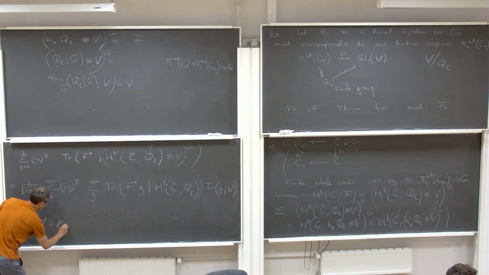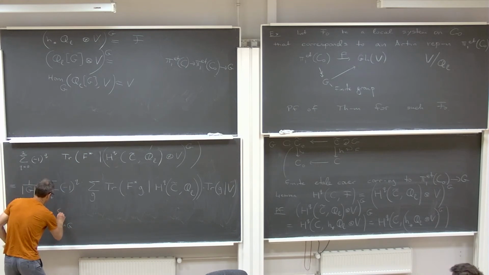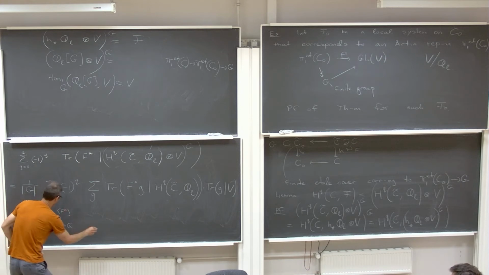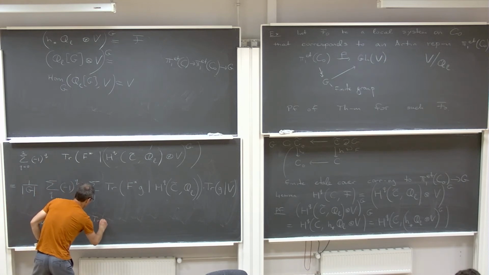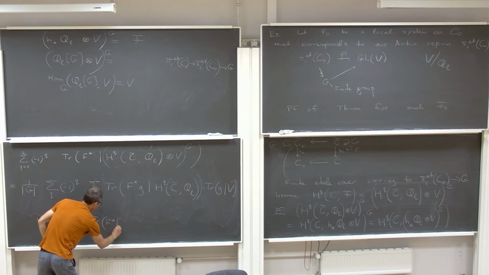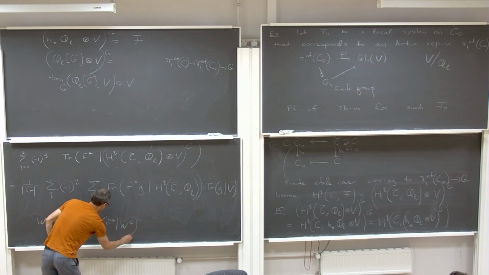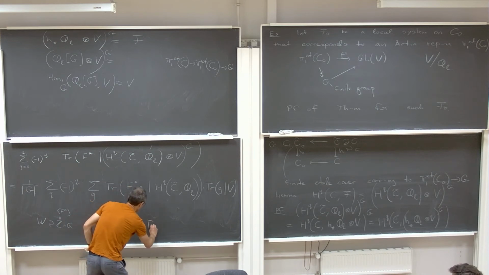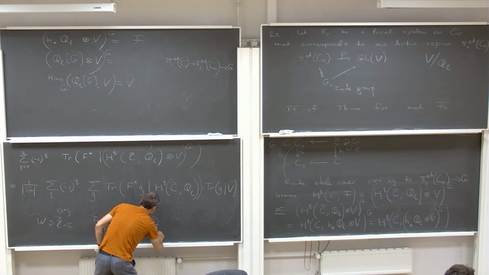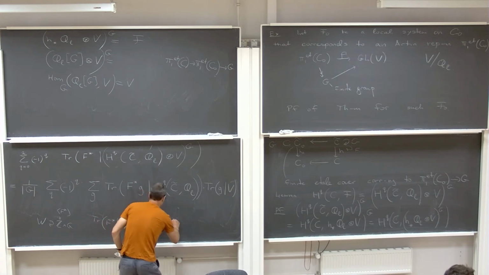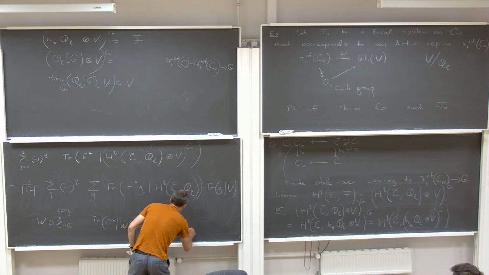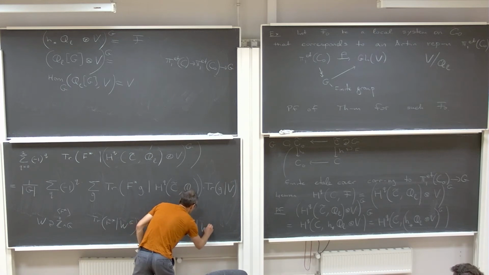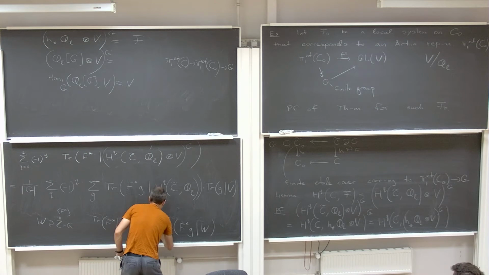So if I have any representation of the group Z times G, where Z is generated by my F upper star, then I'm using the following fact: the trace of F upper star acting on W^G is the same as 1 over the order of G times the sum over G of traces of F upper star G on W. Right?